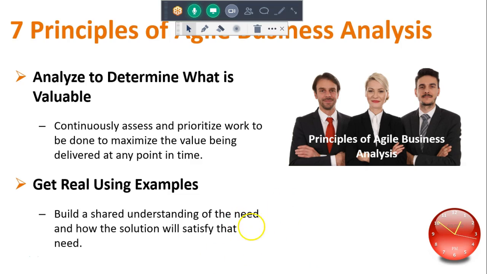Get real using examples. The goal for all of our projects is that the stakeholders that are involved and the customers that are involved with them understand what we're doing and how we're doing it and why we're doing it, how we're trying to address their needs. So we need to be able to practically demonstrate that to the people that are going to be using it.